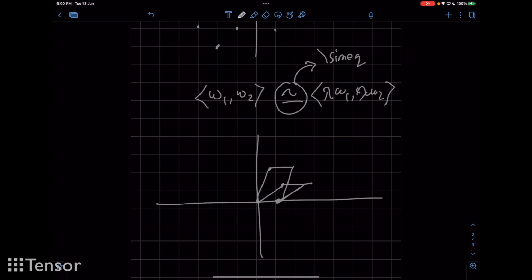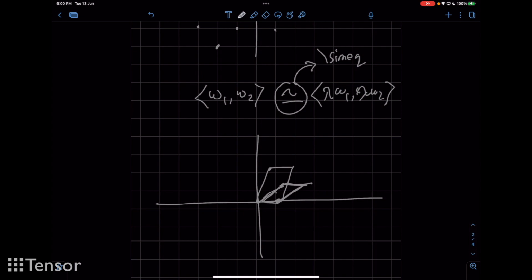So if I rotate and stretch this parallelogram right here, I can get this one. Yeah, we can make a linear transformation, but we are not talking about linear transformations here.